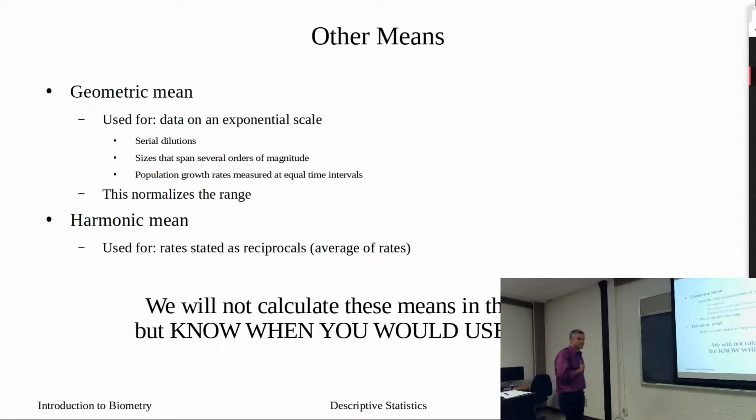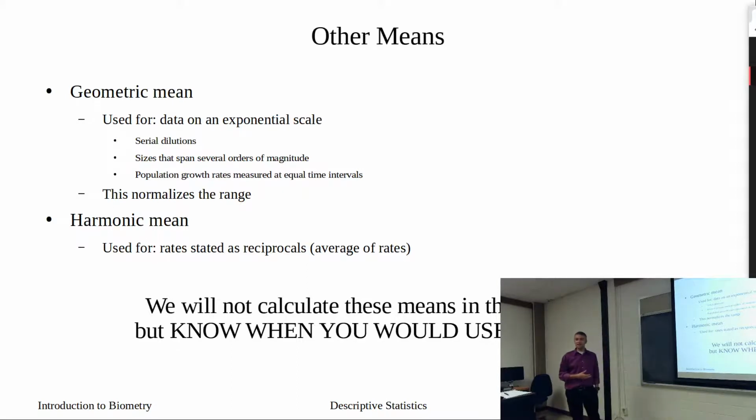Geometric mean is basically taking the product of all of our values and then taking an nth root, the sample size root of it. We would use this if we are working with data on the exponential scale. You might not realize that you are actually calculating the geometric mean, because normally if you have data on the geometric scale, you tend to plot it on a log scale.